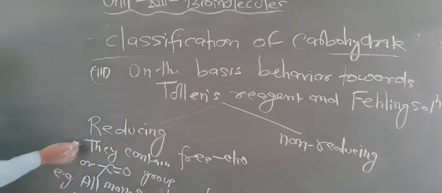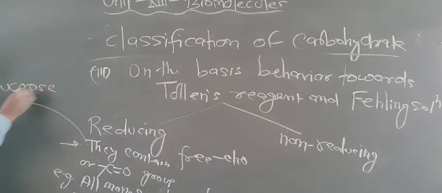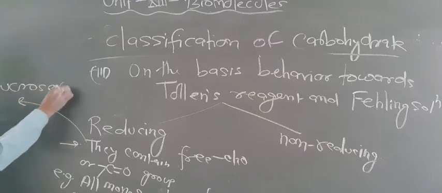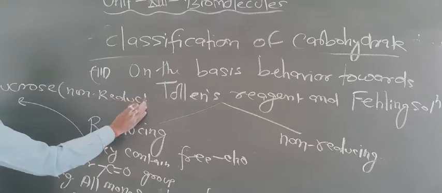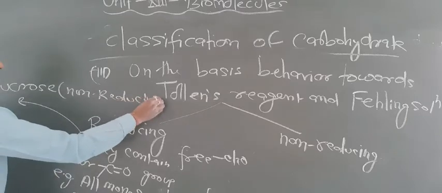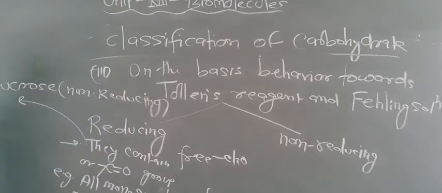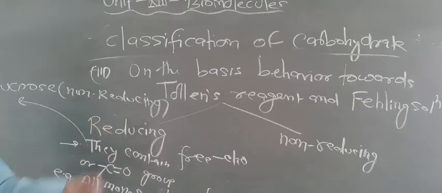So sucrose is the only disaccharide which is non-reducing, because its aldehyde group and ketonic group are both not free.